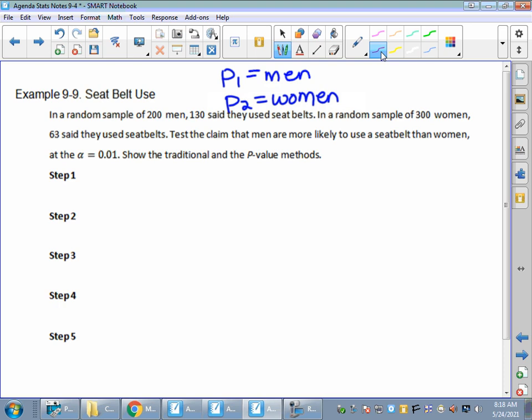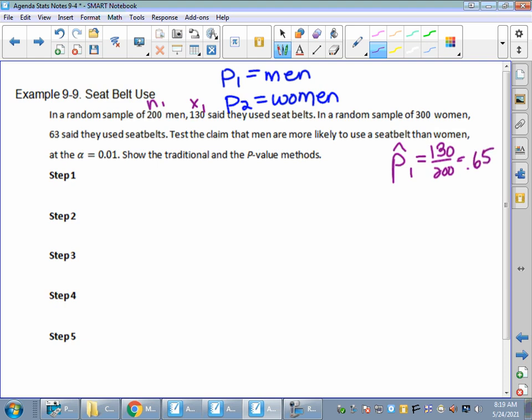So let's start by calculating our p hat 1. This is our sample proportion for men. There were 130, that would be x sub 1, out of our sample size 1. So 130 out of 200 is going to be something like 0.65.